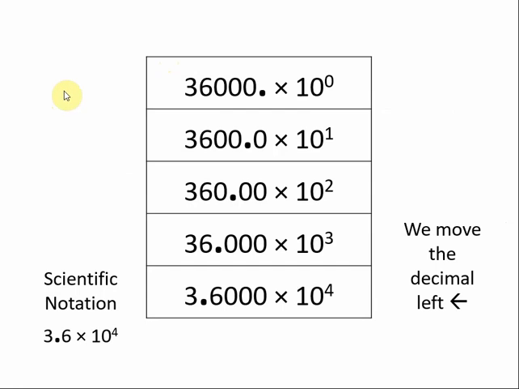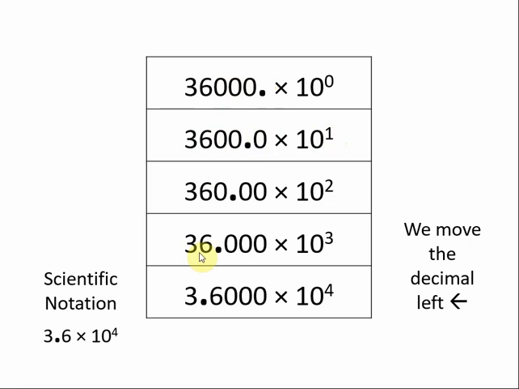Here it is in a pattern. The original number, 36,000, right here, could be expressed with the little extra bit of times 10 to the 0. Remember, 10 to the 0 is just 1. So this was our original number. In this pattern, we can see that when we move the decimal to the left, the number isn't changing in value because we're raising the exponent.